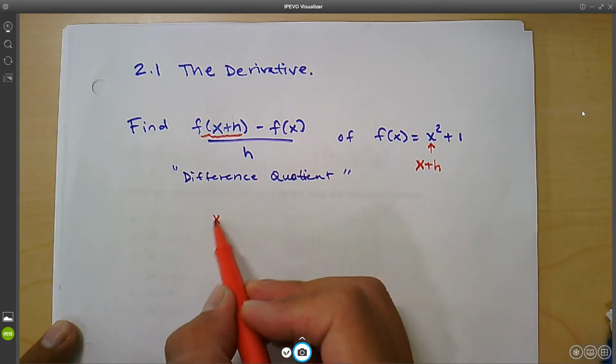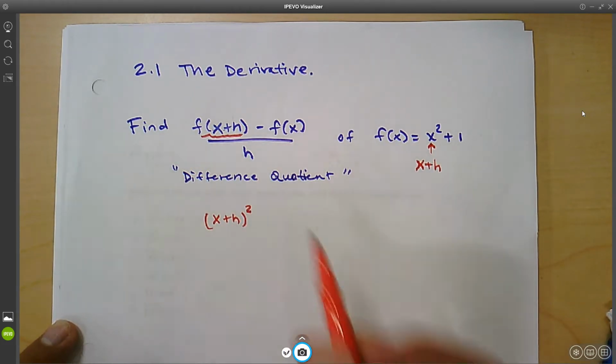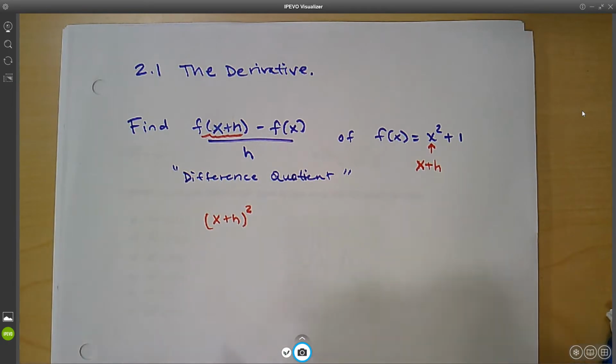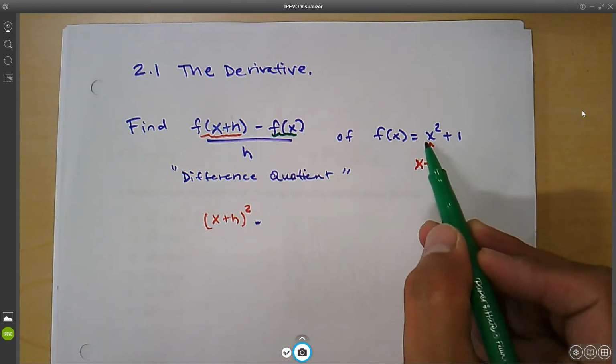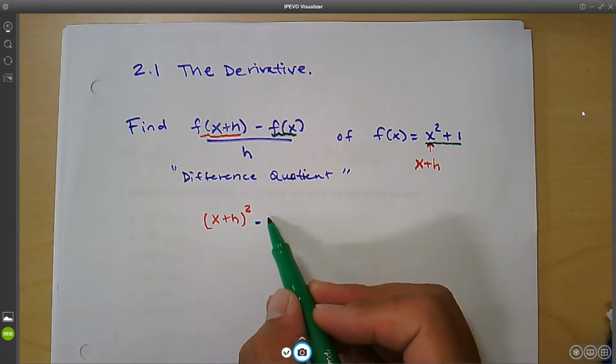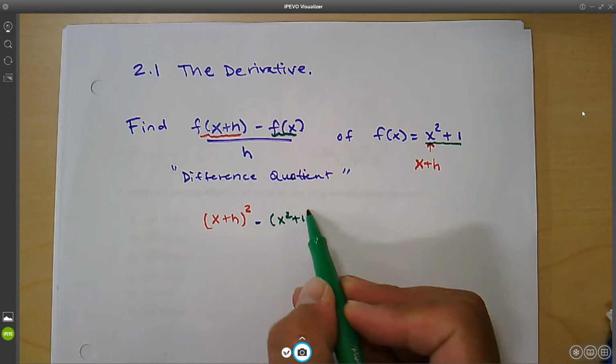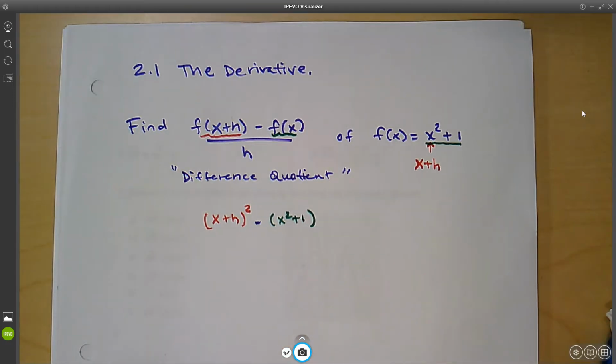So x plus h squared. Okay, you move on to the next piece. That piece says just put the f of x equation there. That whole thing is the f of x.